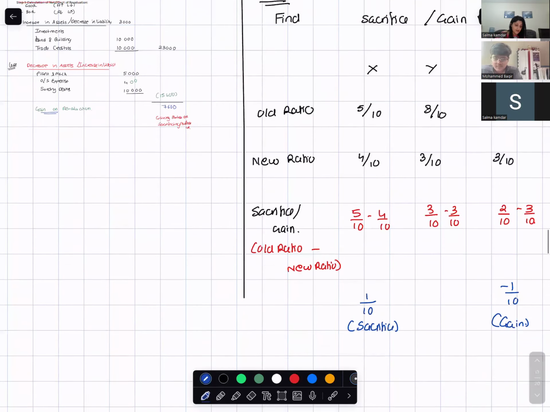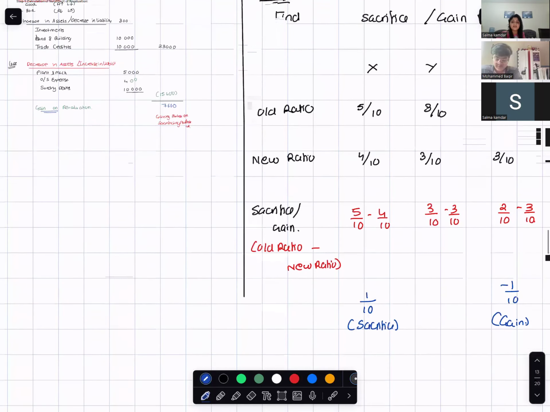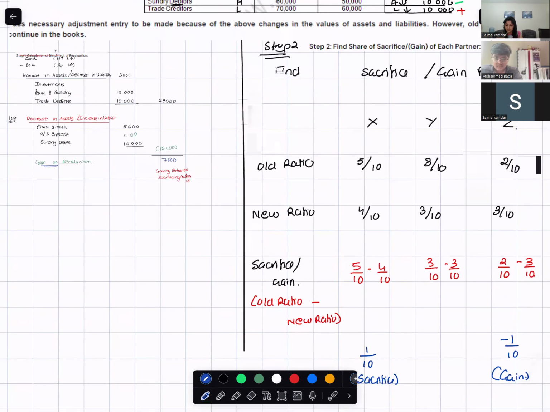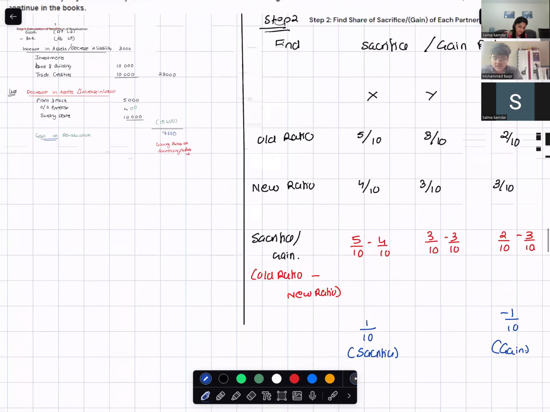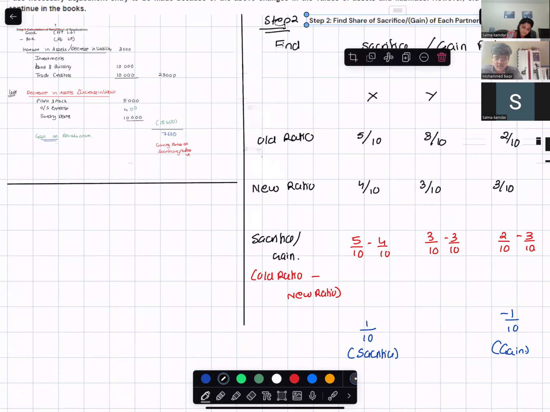Okay. So I have found the ratio. Now I have to find the share of sacrifice or gain of each partner. So how will you find the share of sacrifice or gain of each partner?